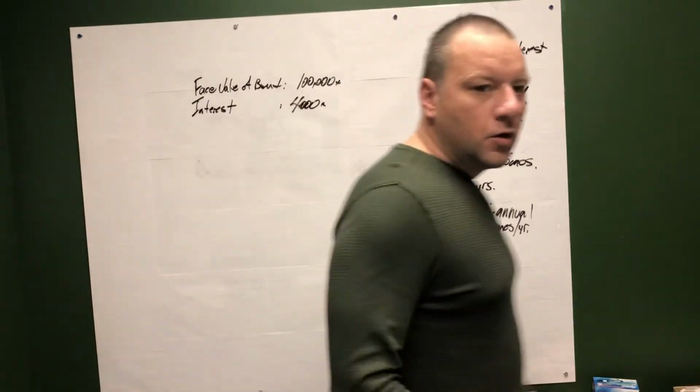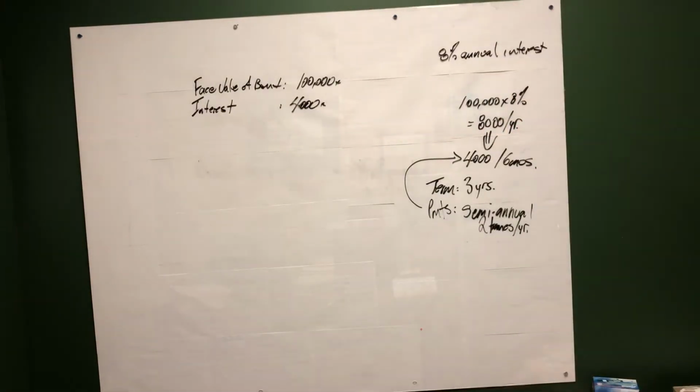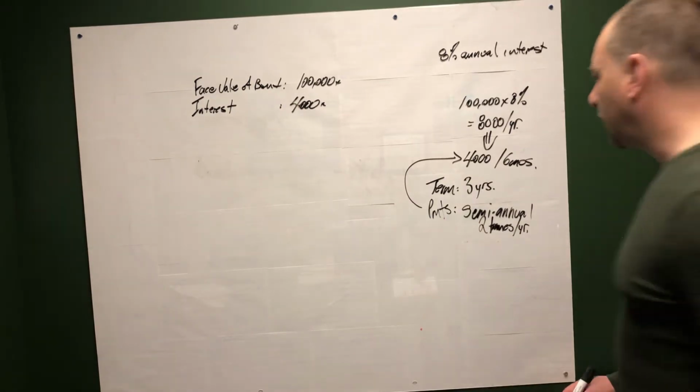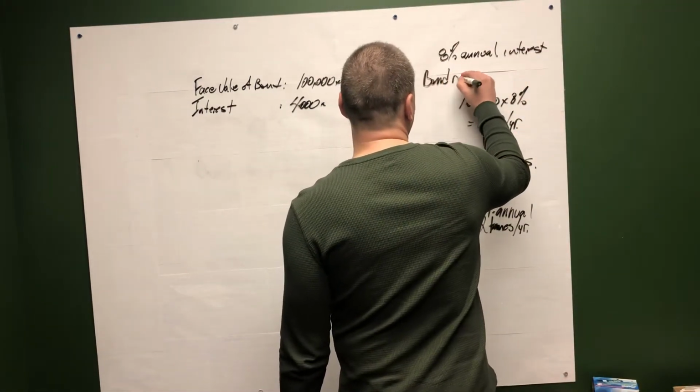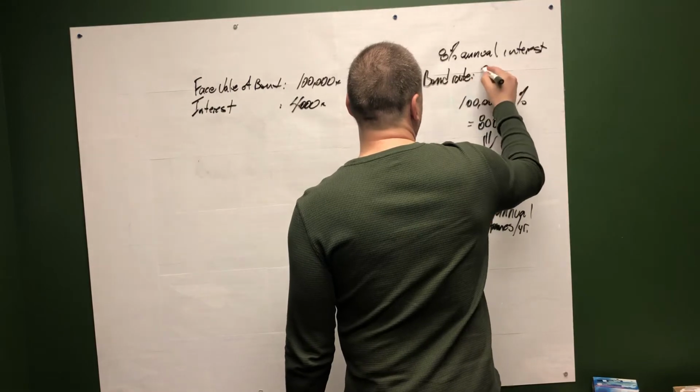So from there, we know the face value now, and we know our semi-annual interest payments. So what we want to do now is find the bond rate or the contract rate attached to the bond, and the market rate. Well, in this case, the bond interest rate is 8%.